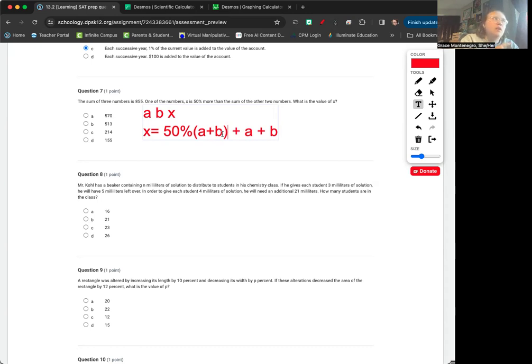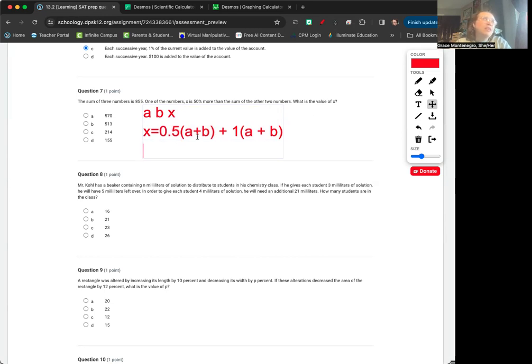The other way you can think of this, because 50% is not a number we can do math with, but 0.5 is, we can rewrite this as 1 times A plus B. I have not changed the value by doing this, I'm just calling out what's happening. We have 1A and 1B. This is one set of A plus B, and over here we have 0.5 sets of A plus B. We can add those up.